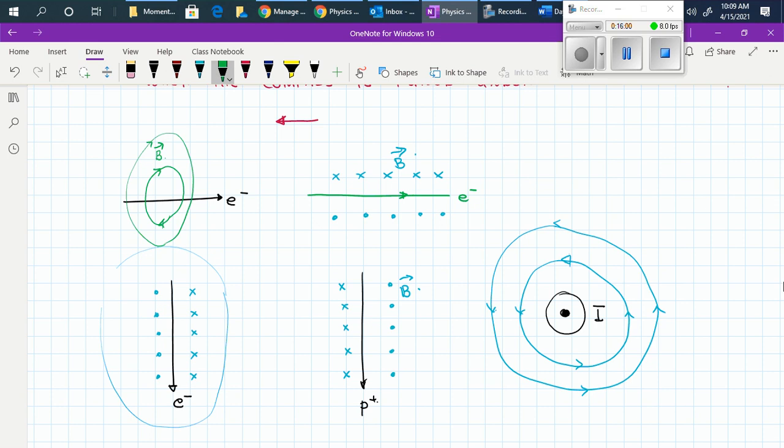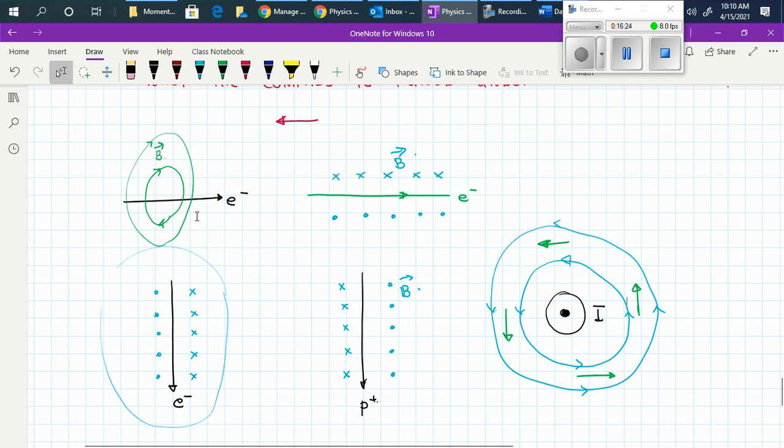And if you place a compass around the wire, north of the wire will go to west, the west of the wire will go to south, the south of the wire will go to east, and the east of the wire will go to north.